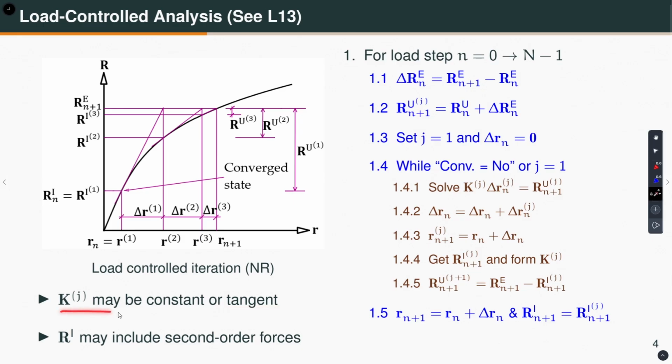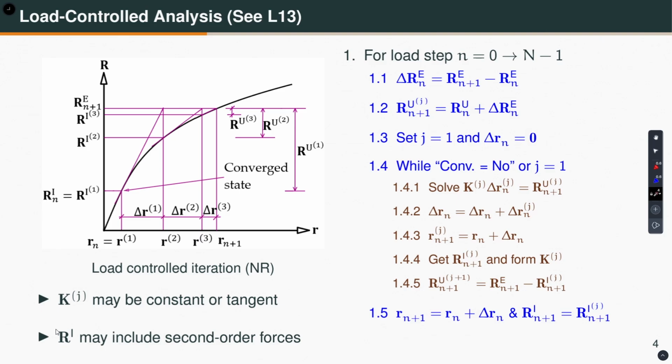And also this can include the geometric stiffness matrix. Also, the internal resisting force vector that we are calculating, now we know how to handle geometric nonlinearity, okay. So, this Ri can include the second order forces, that means the P-delta forces that you are calculating, okay. So, these are the 2 points I wanted to note, right.